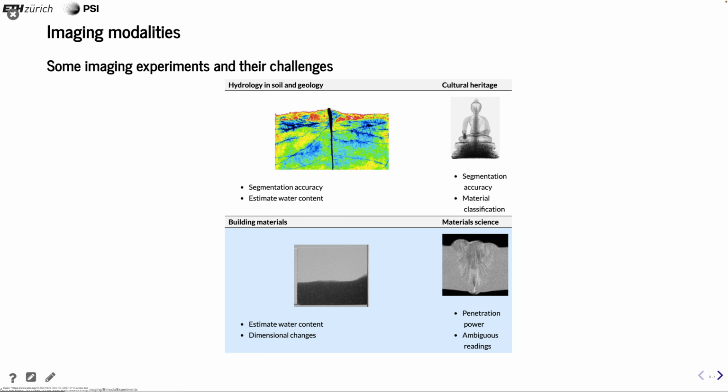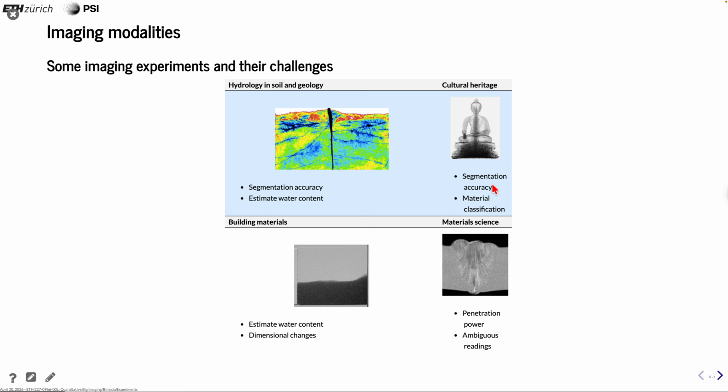Here the problem can be that the segmentation is not precise enough, maybe because of insufficient resolution or something. Also estimating the water content can be tricky, because you don't know if the water is really the origin of the change in the image.